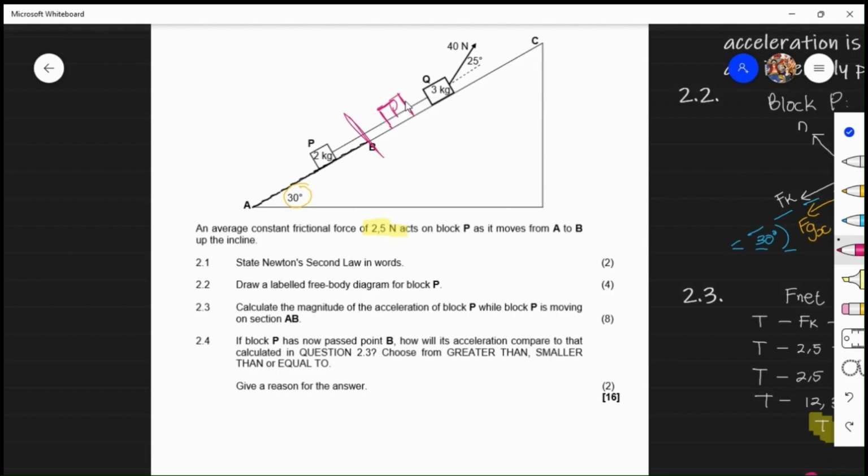So our answer is going to be greater than. The acceleration of block P where there is no friction will be greater than our acceleration of block P whereby there is friction. So let us do this to explain.